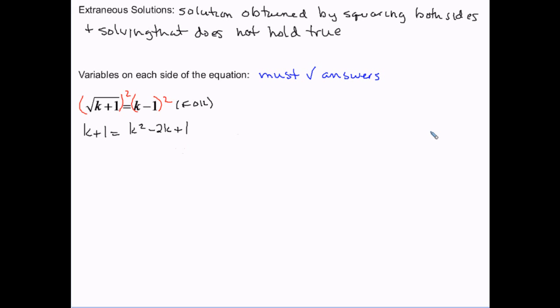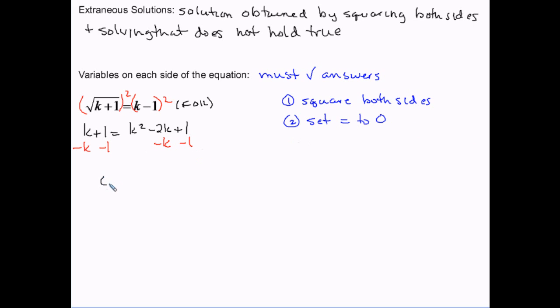Then I need to get all of my variables and everything set equal to 0. So first thing is to square both sides. Next thing is to set equal to 0. So I'm going to subtract k and 1 from both sides.